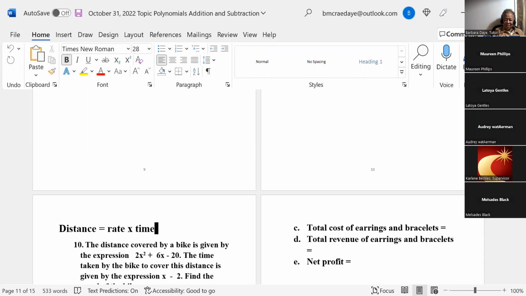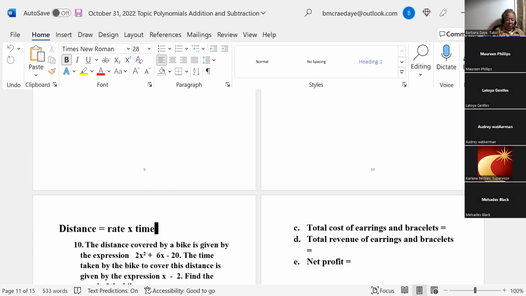The rate is 60 miles per hour, and you travel 2 hours. So that would be 120. 120 miles. That's what Maureen said. Okay. So rate times the time.